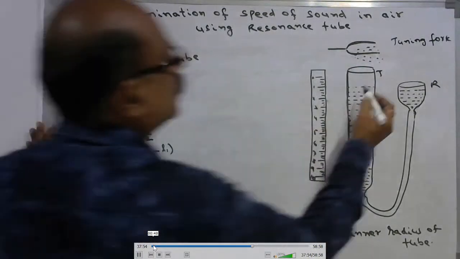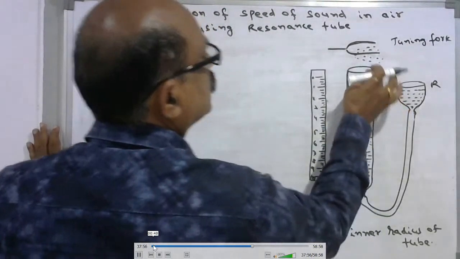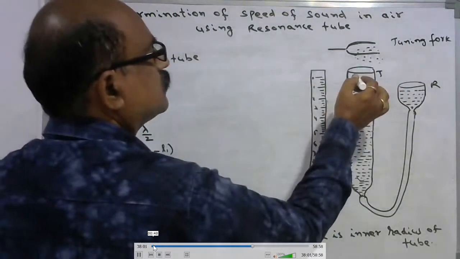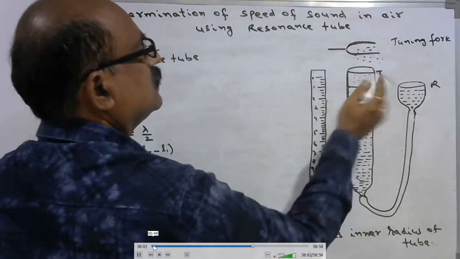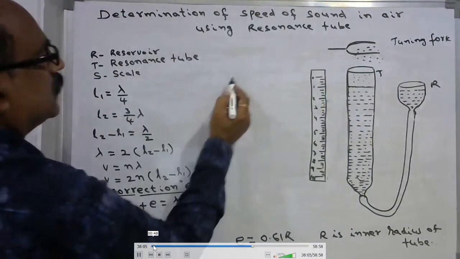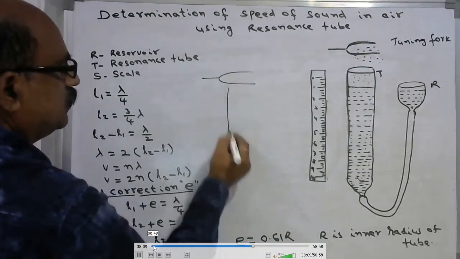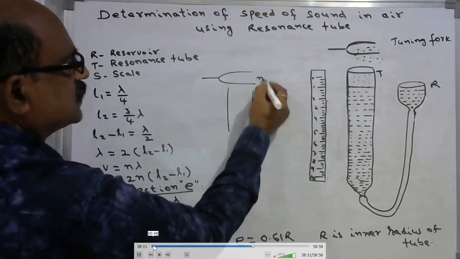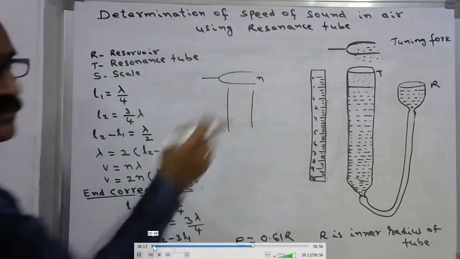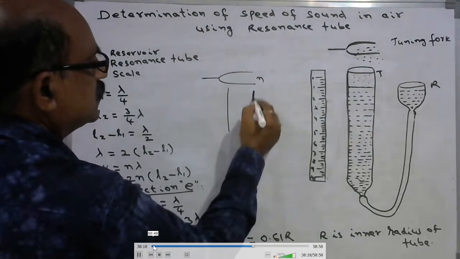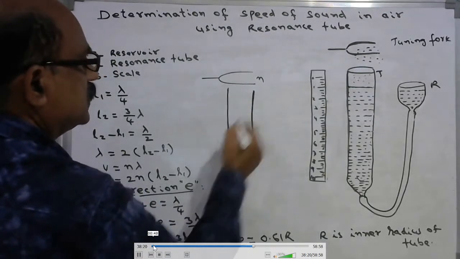This is the air column, up to this particular part. This air starts vibrating, and when the tuning fork is excited, if the natural frequency of the tuning fork is N, then it creates a disturbance in the resonance tube.